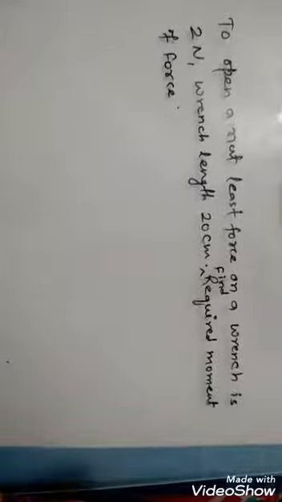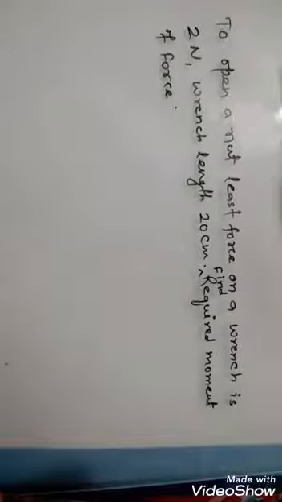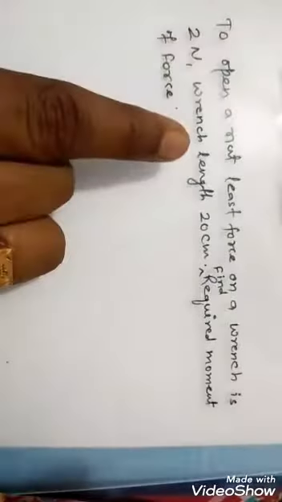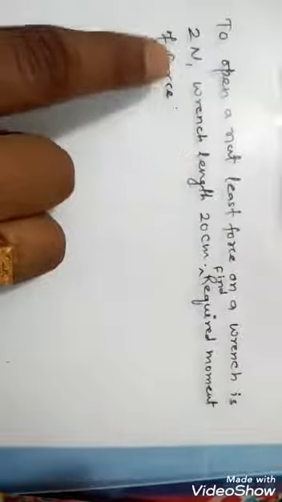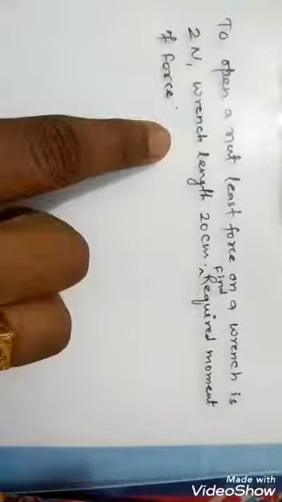Now we have to discuss a numerical problem which was asked in 2015. To open a nut, the least force required on a wrench is 2 Newton. Wrench length is 20 centimeter. Then find the required moment of force.